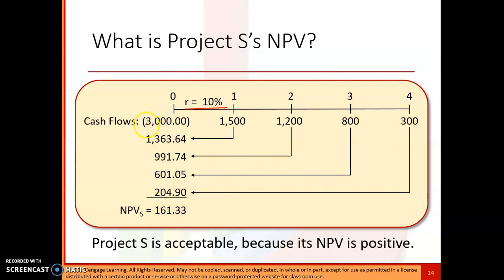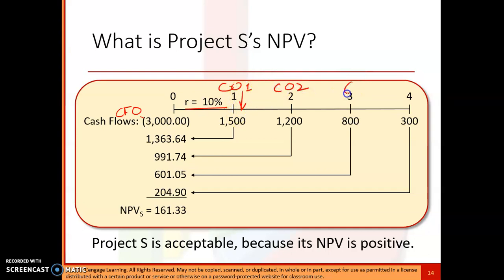So the cash flow function in your calculator will do this. We'll go through those in the problems, but it's second cash flow and then second clear. You always want to clear it out. In this case, I'll write it out. CF0 would be 3,000. C01 would be the 1,500.